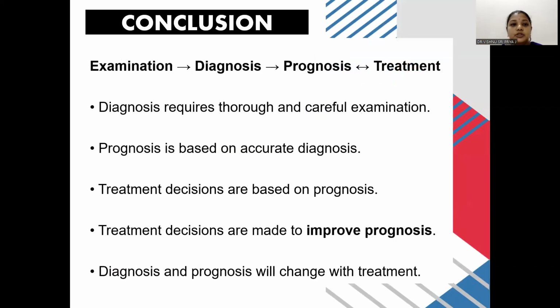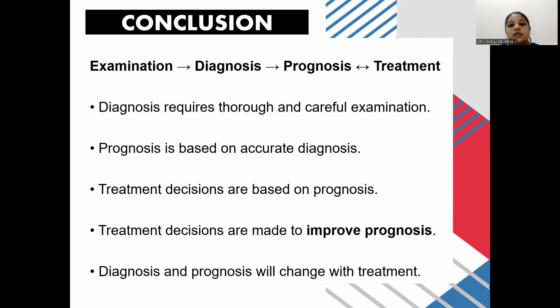So coming to the conclusion, the examination is followed by diagnosis, prognosis, and treatment plan. Here, as you see, examination, diagnosis, and prognosis have a one-way arrow, but treatment plan and prognosis have a two-way arrow. Why? Let us see. Diagnosis requires thorough and careful examination. Prognosis is based on accurate diagnosis.